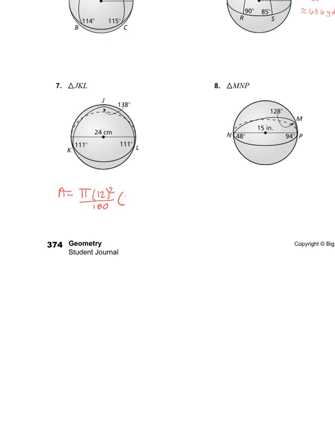So I'm going to do 111 plus 111 plus 138 minus 180. And then whenever I plug that into the calculator, I get that my area is approximately 452.4 centimeters squared.